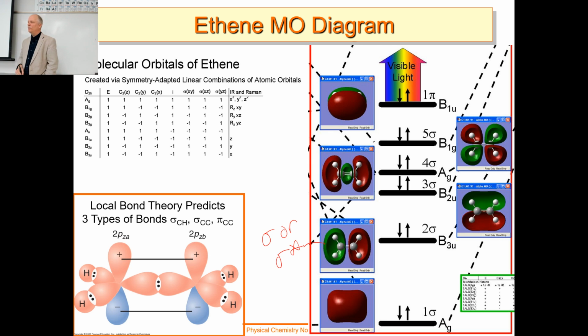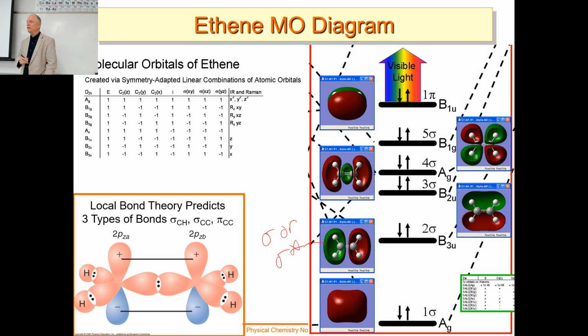It breaks the carbon-carbon bond. But what about the CH bonds? So if I'm a CH bond, it's a sigma. Whoa, yeah. Because it doesn't have a node that breaks the carbon-hydrogen bond, but it does have a node that breaks the carbon-carbon bond. So do you see what I'm saying?